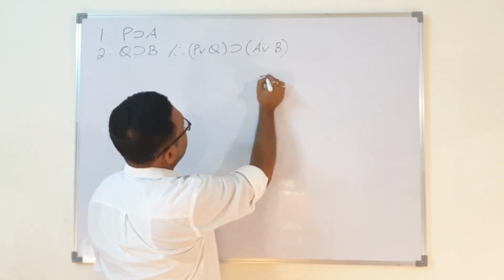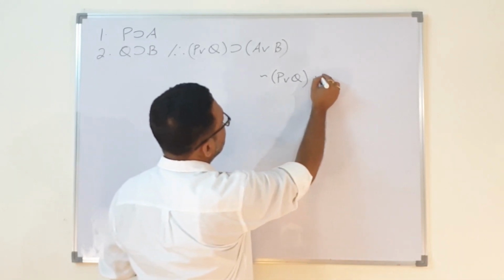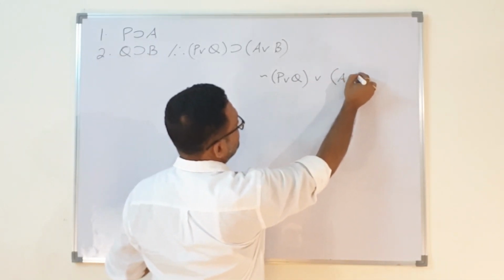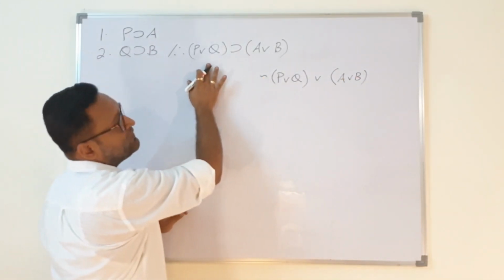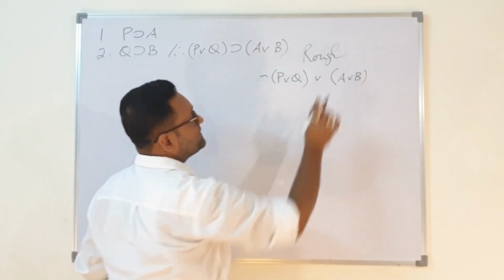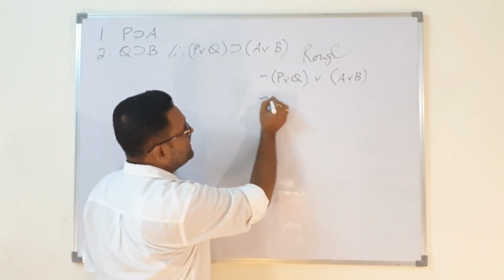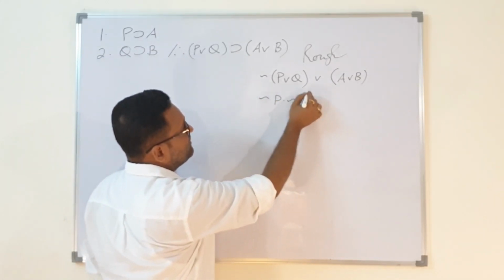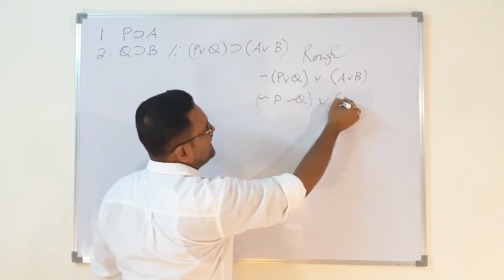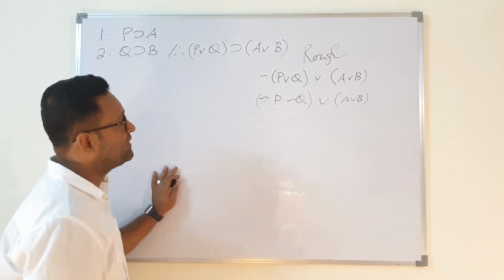If you see, this will be negation of P wedge Q wedge A wedge B. So this is the first step if we apply material implication. This is rough work which I am doing so that you understand how to solve this question. Negation of P dot negation of Q wedge A wedge B. So this is the second step after De Morgan's law.